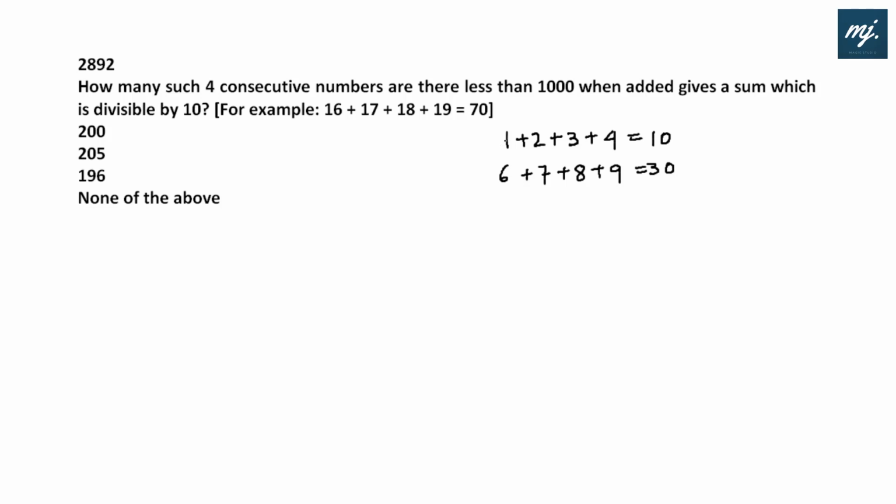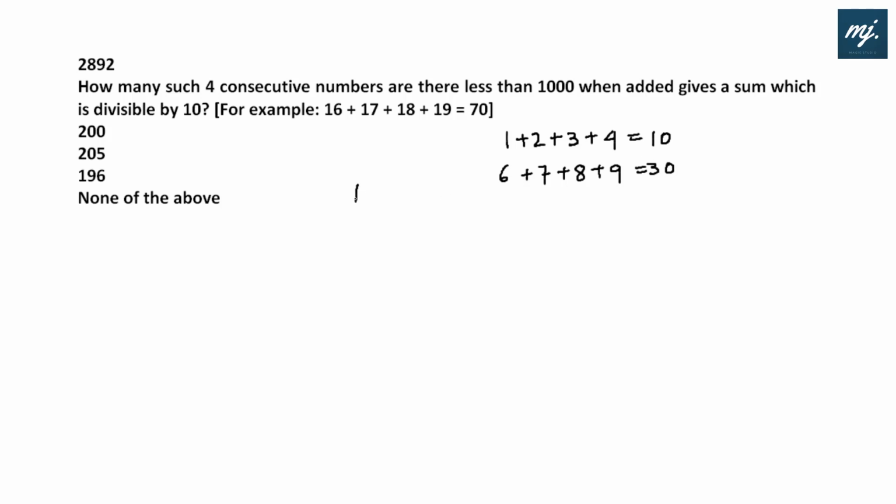So any 4 consecutive numbers which begin with 1, 2, 3, 4 will sum up to give you a number whose last digit would be 0, and any numbers which end with 6, 7, 8, 9 when combined will sum up to give last digit 0, and that sum will also be divisible by 10.